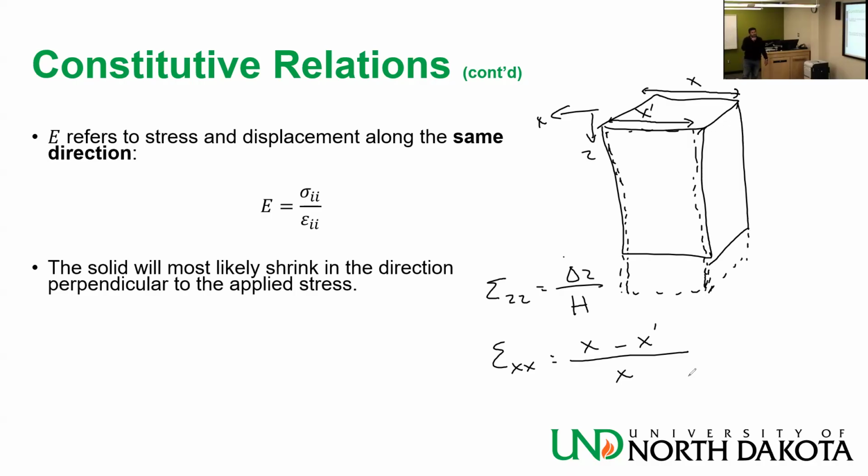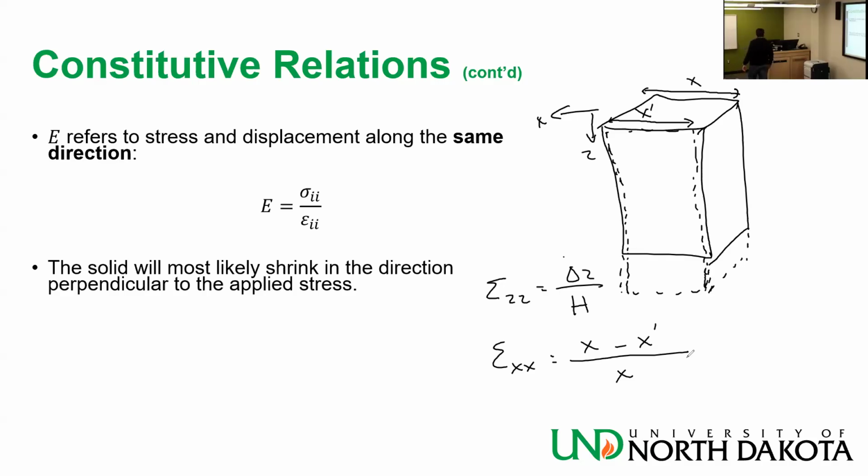Now, I didn't intend to create the strain in the x direction. I got it indirectly by triggering the strain in the z direction, right? So in the z direction, I went from h to h plus delta z.